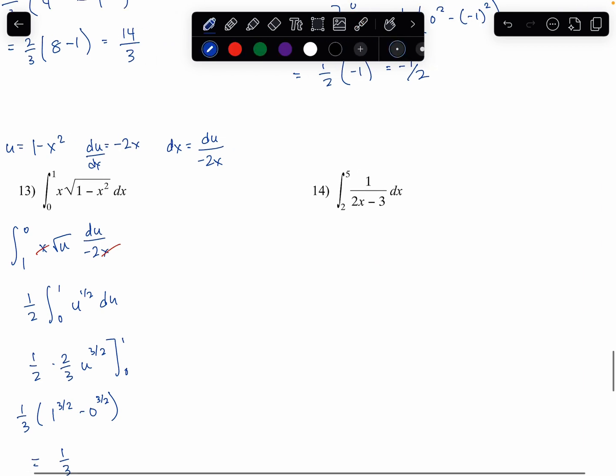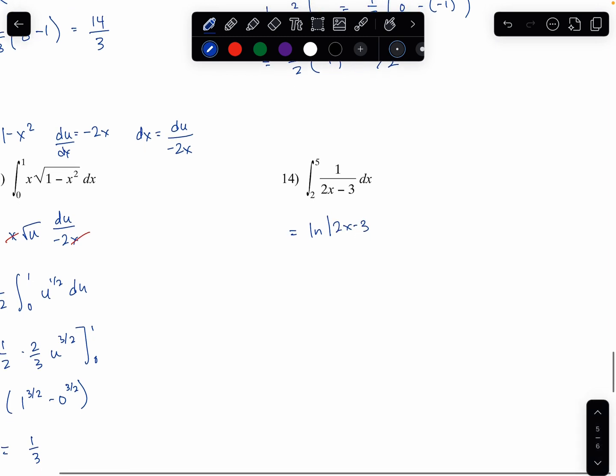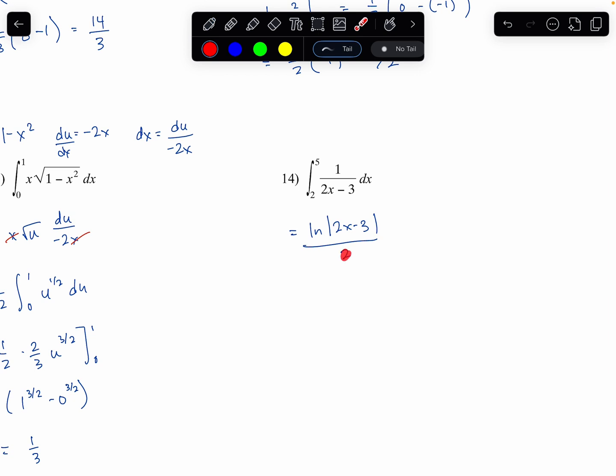But I know that the antiderivative here, and again, this is just through experience, is going to be the natural log of 2x minus 3 divided by 2. So why divided by 2? Because of the chain rule.